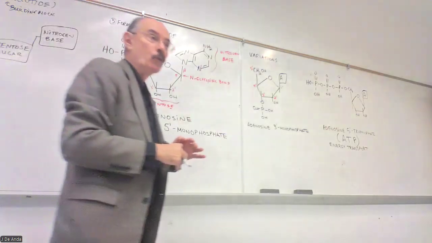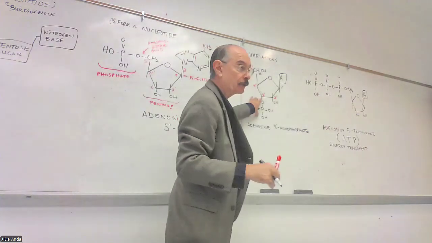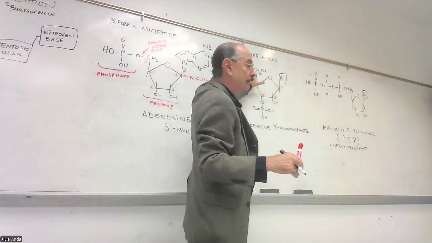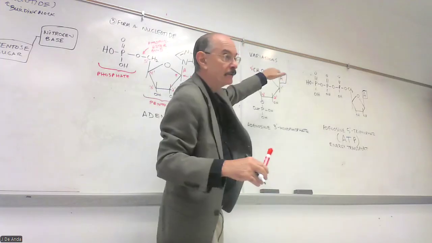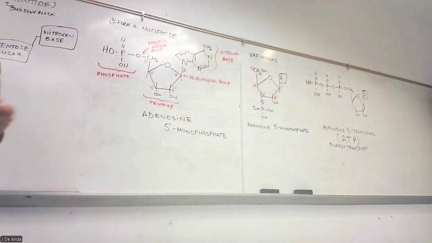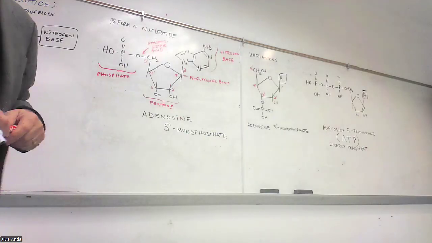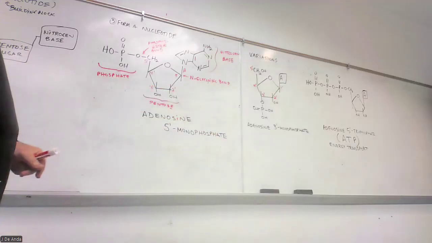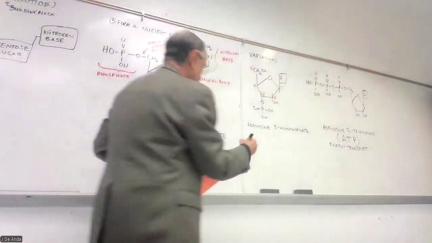And there are other variations. For example, there is one where the phosphate group is actually connected with both the 3' and the 5', forming like a little ring of itself. And that's called cyclic AMP, and it's a regulatory molecule that influences the action of many different enzymes. So I'm not going to write it here.